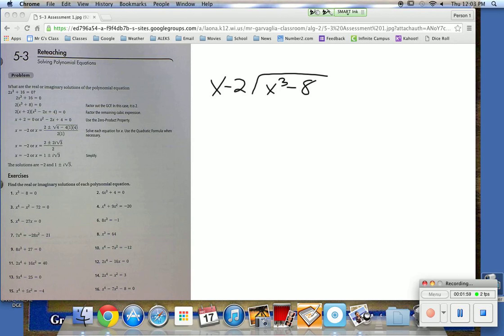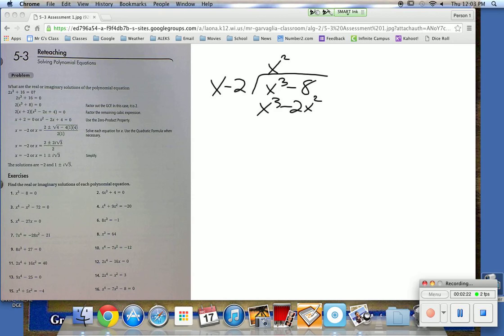What am I going to multiply my x by to get x cubed? X squared. So I'm going to put x squared up here. X squared times x is x cubed. X squared times minus 2 is minus 2x squared. But we're subtracting everything out. So what should we do?